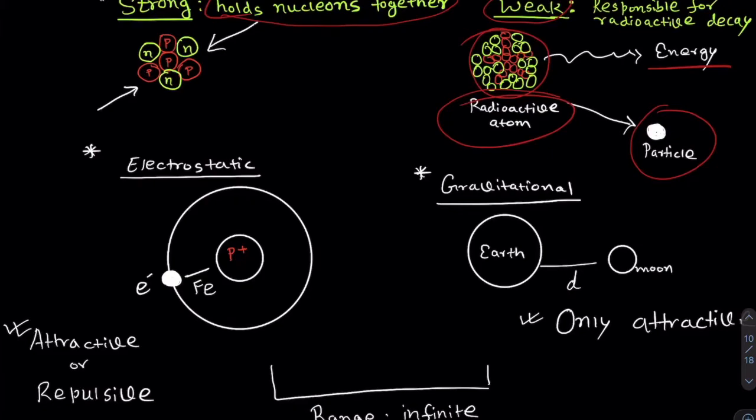In the case of electrostatic force, you have a positive charge, which is a proton, and there is an electron. They have electrostatic force, and we know that positive and negative charges attract, but inside the nucleus there are positive charges. They are binding because of that strong nuclear force. How that happens all depends upon the distance.